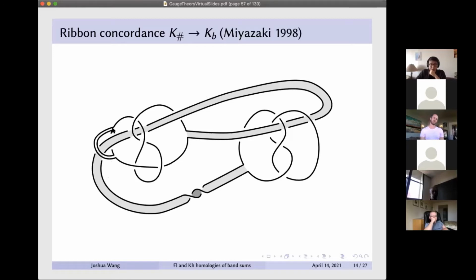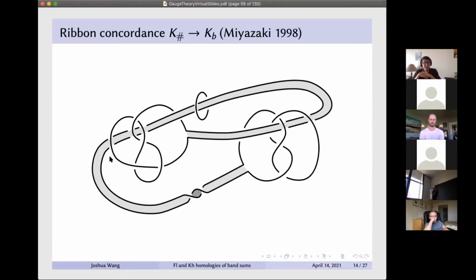I do a small saddle move, and I notice that an unknot appears, and I just move that unknot out of the way and clean it up a little. Now the band lies behind the knot. So I was able to pull the band through the knot using a saddle move, at the cost of picking up an unknot that goes once around the band.